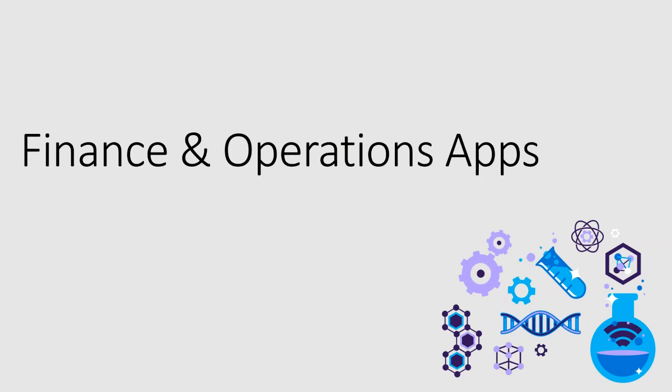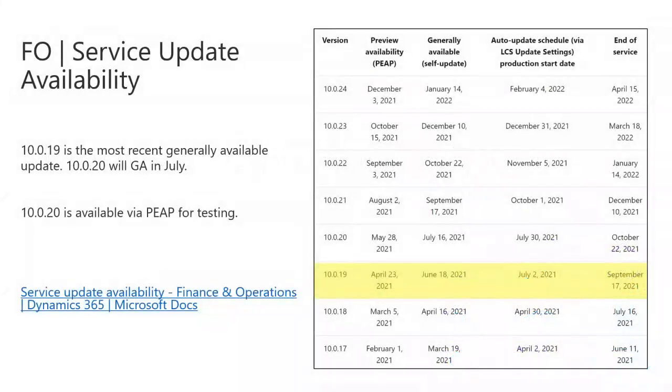Okay, thanks, Ryan. On the finance and operations side, the version 10.0.19 is the most recent generally available update that you can apply to your production environments. The 10.0.20 will be generally available in July. That version, that 10.0.20, is also available via our PEAP program for testing, which is our preview early access program.